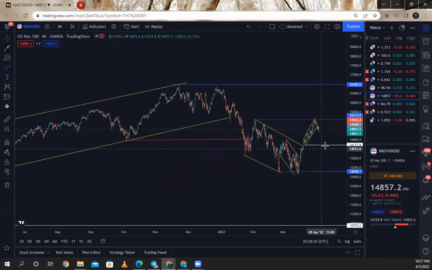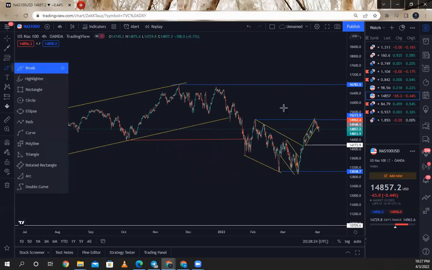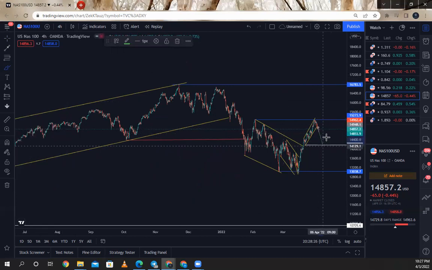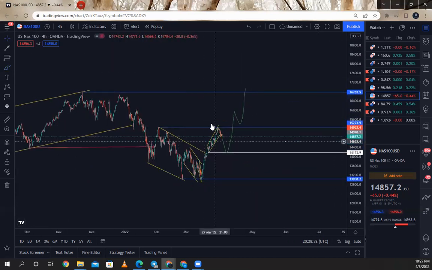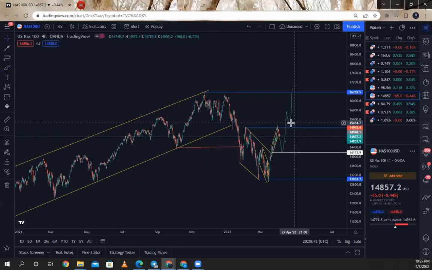And then from here on this zone, this is the kind of movement that we might get, because here on the upside, we managed to break the tops, and this is the kind of movement that we might get all the way to the top.